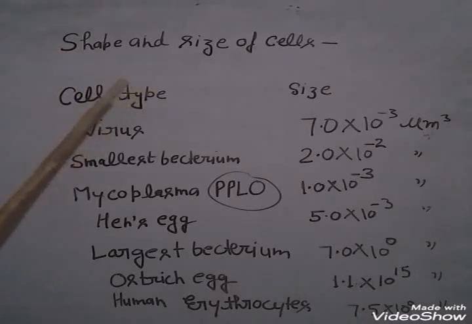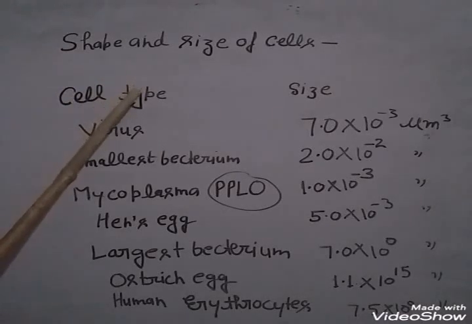Here viruses are the smallest creatures, however they are not cellular. The largest cell in the animals is the ostrich egg cell.